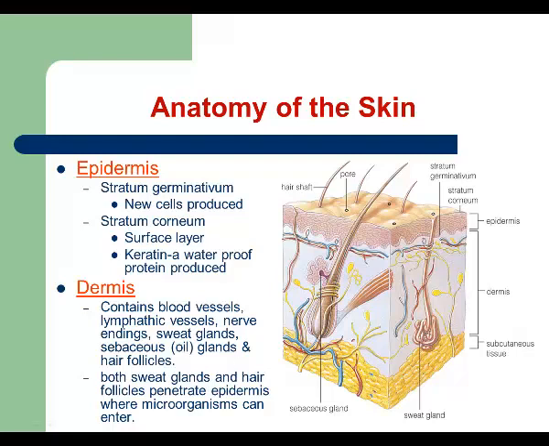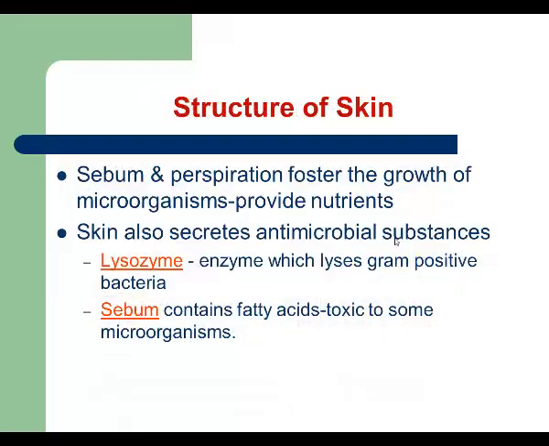So how usually does infection get into the dermal area of the skin? The main openings for infections will be openings of the hair follicle and the sebaceous glands. So how is our skin protected?